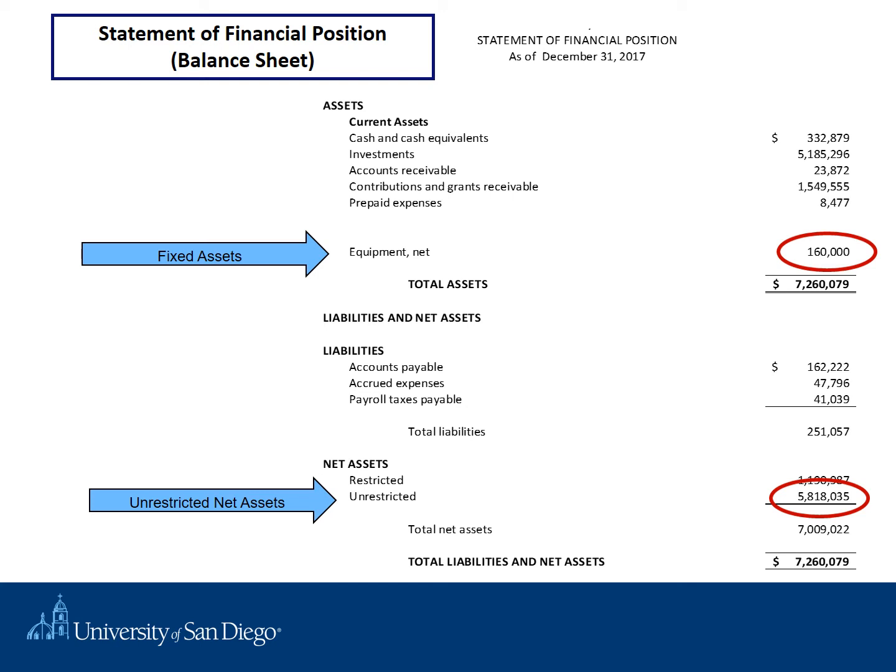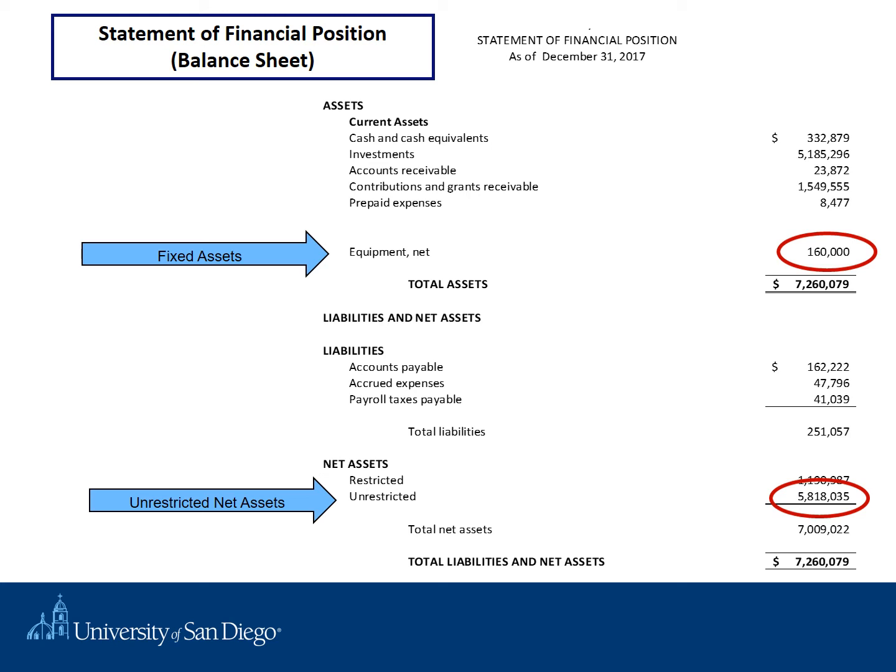These have been identified by blue arrows and red circles. The fixed assets is under the line item equipment net, and unrestricted net assets is under the section Net Assets Unrestricted. Such as in our case, you may not have any liabilities related to fixed assets. Smaller and or newly established nonprofits often do not have long-term liabilities.